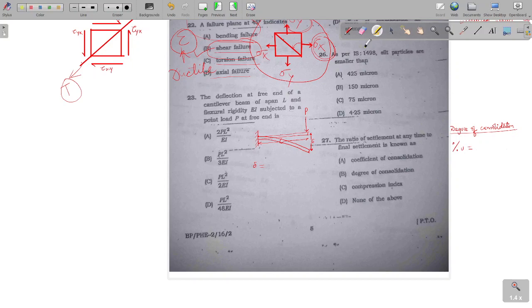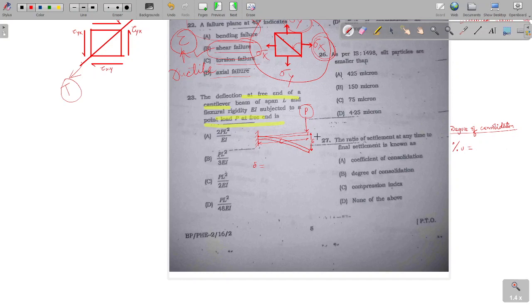Moving on to our next question. The deflection at the free end of a cantilever beam of span L and flexural rigidity EI subjected to a point load P at the free end is. So this is a standard expression of a cantilever beam acted upon by a load P at the free end.